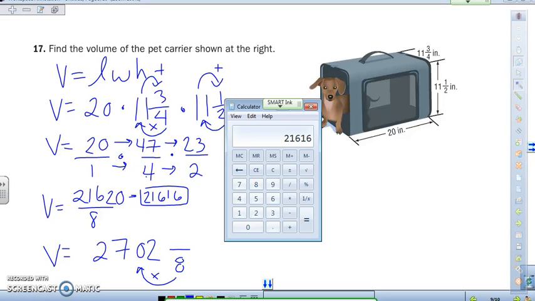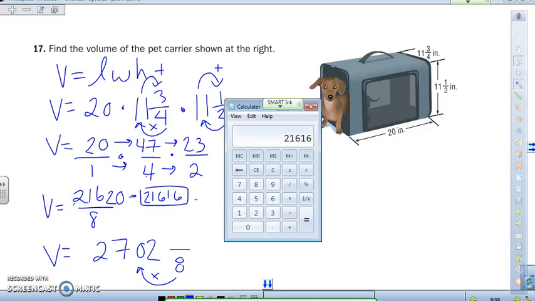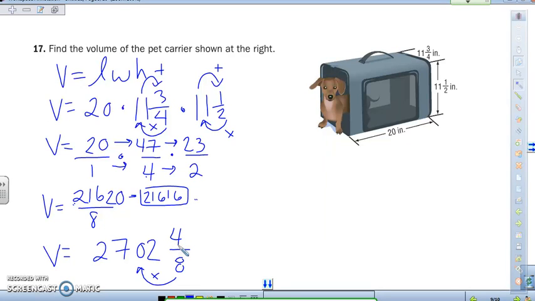So now I'm going to subtract the original, which is right here, from my new to see how much is left over. So 21,620 minus 21,616 gives me 4. That's how much was left over, so that goes right on top.